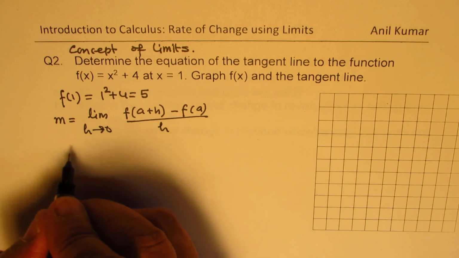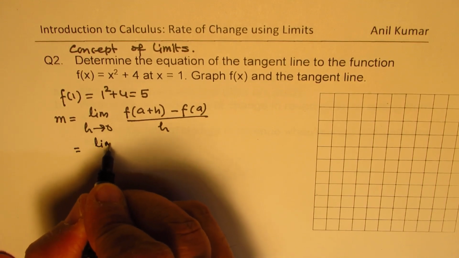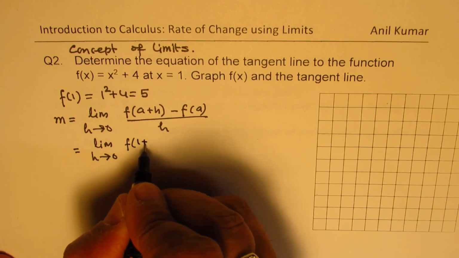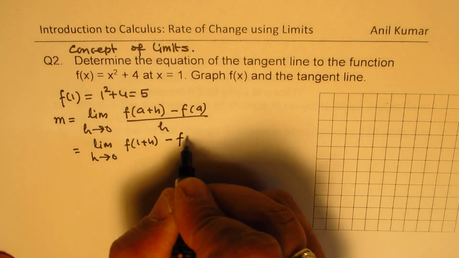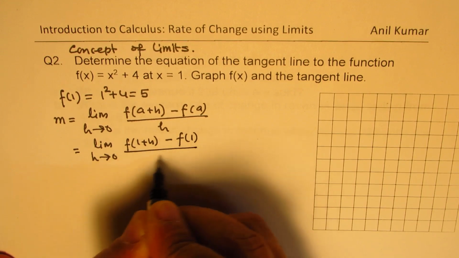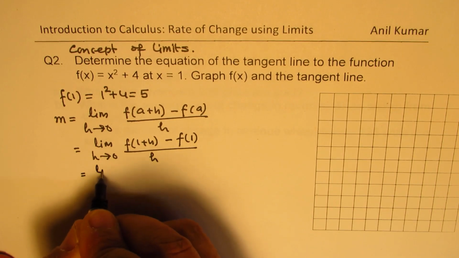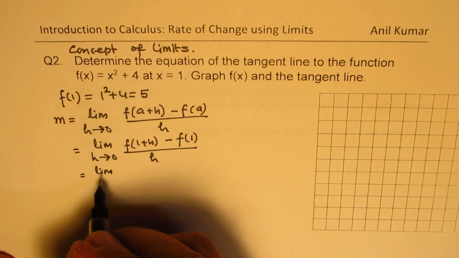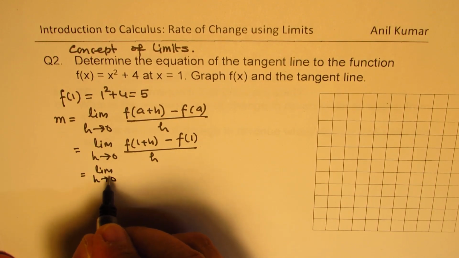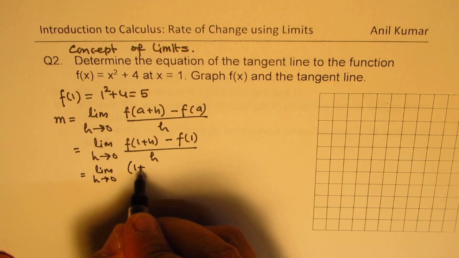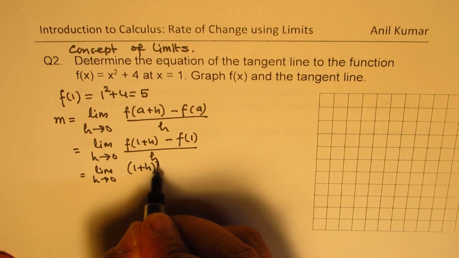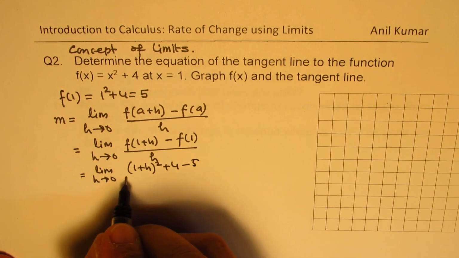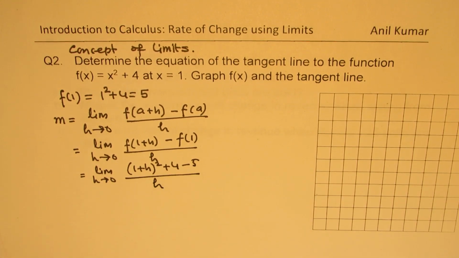So we can write this as the limit as h approaches 0 of f of 1 plus h minus f of 1 over h. Now, f of 1 plus h is, substitute 1 plus h for x here. So we get 1 plus h whole squared plus 4 minus f of 1, which is 5, over h. Correct?